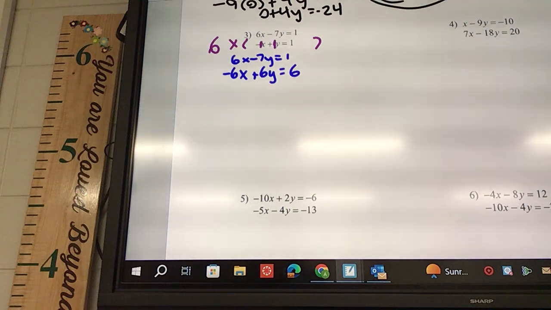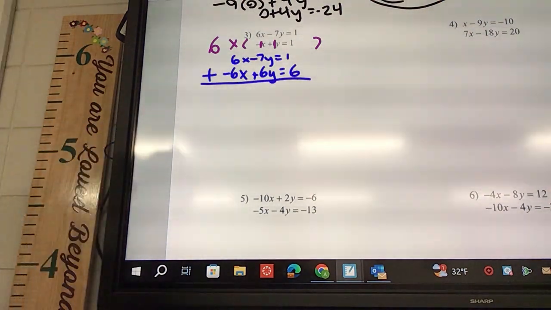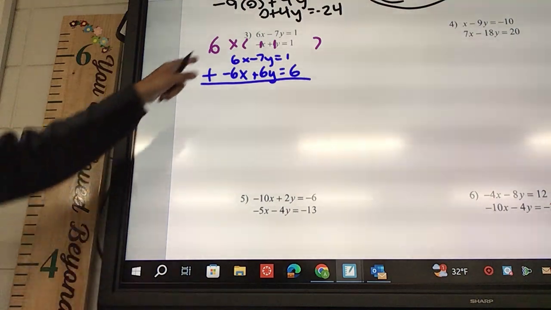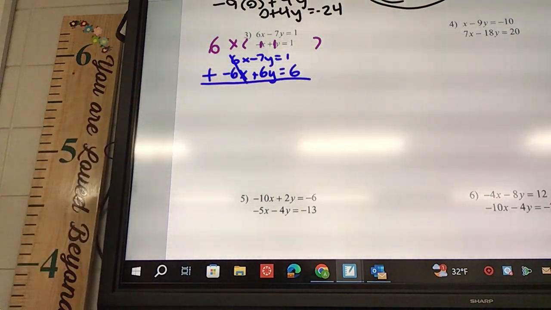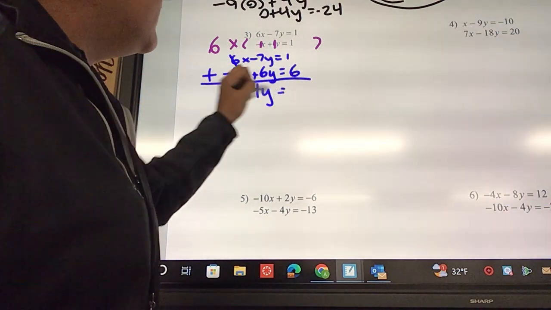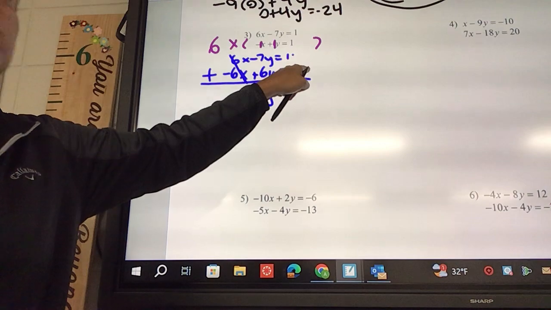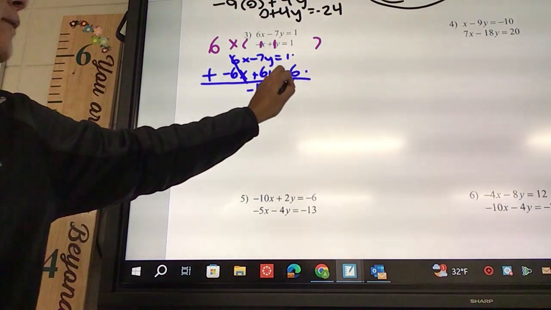Then we can add the two equations together, so we're going to take the 2 and make a plus sign. 6 plus negative 6 is 0, they're going to cancel. Negative 7 plus 6. What is negative 7 plus 6? Negative 1y. And on this side, I got a 6 plus 1, 7.